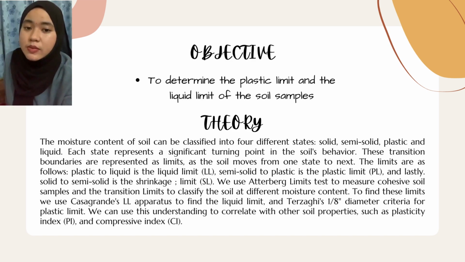To find these limits, we use the Casagrande LL apparatus to find the liquid limit, and Terzaghi's 1/8 diameter criteria for the plastic limit. We can use this understanding to correlate with other soil properties, such as plasticity index PI and compressive index CI.